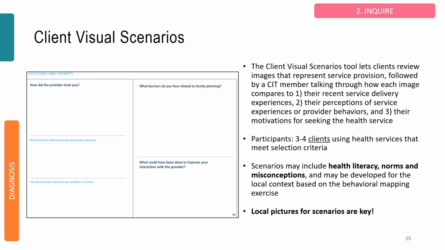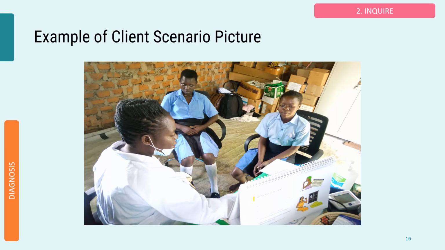So really think through, in fragile settings, what are the shocks and stresses that may affect providers and how that affects the client. Here's an example of a client scenario picture from the manual. Again, you'll take your own pictures for this scenario setting with your clients.